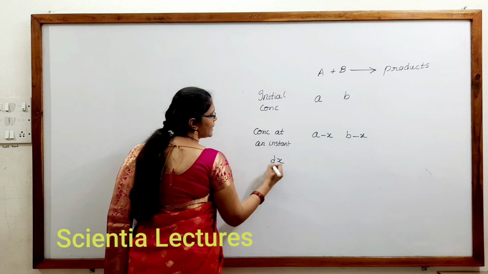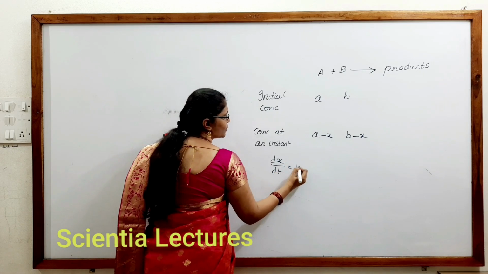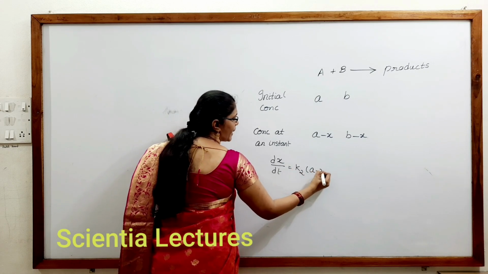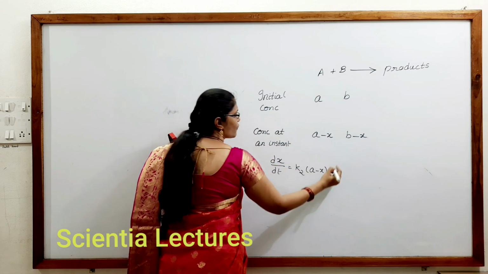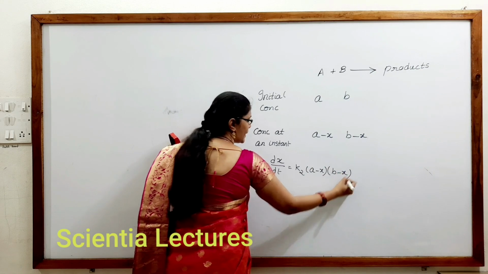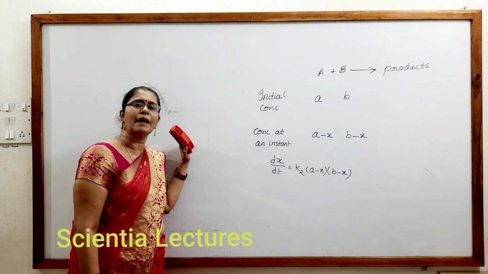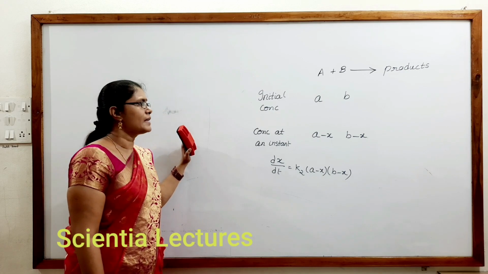Then can we write dx by dt must be equal to k2 into the concentration of A at that instant, a minus x, and the concentration of B at that instant, b minus x. So dx by dt equals k2 into (a minus x) into (b minus x).